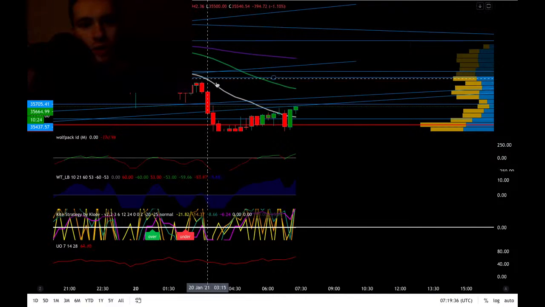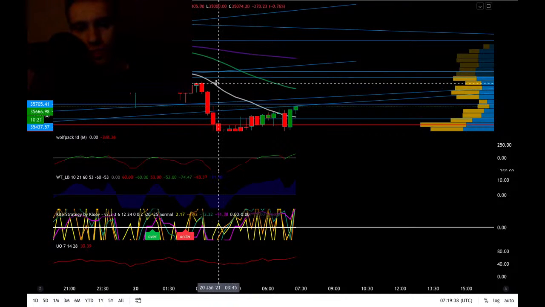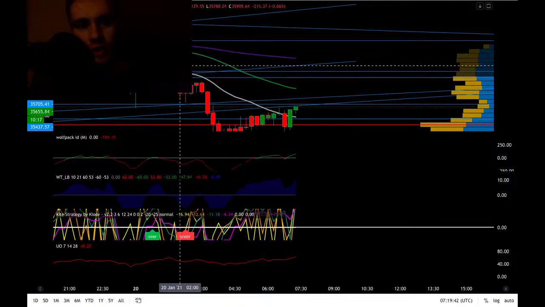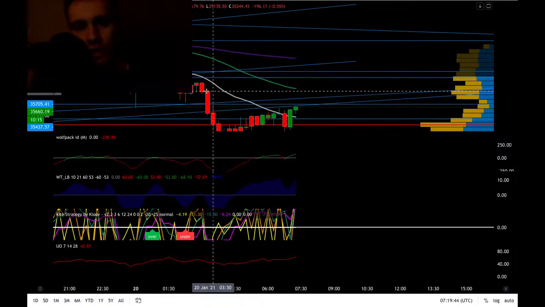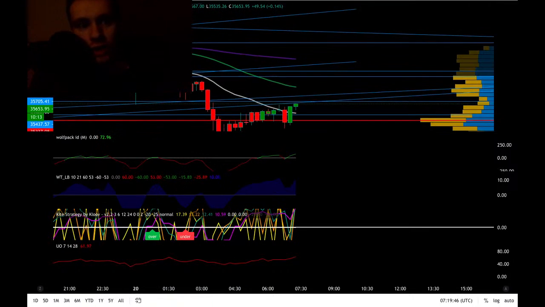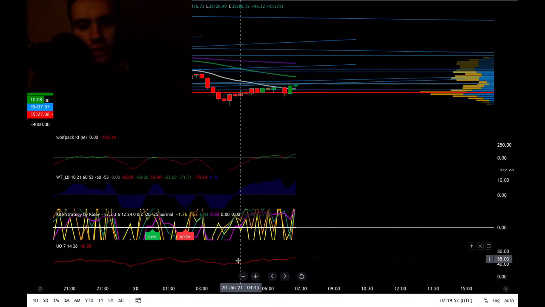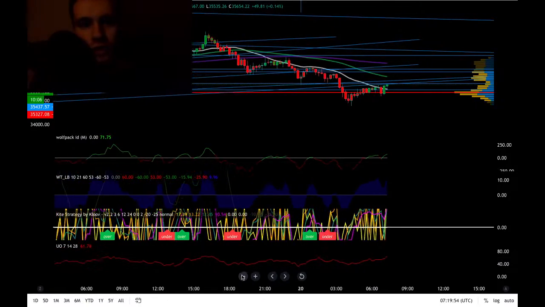So this is the 20, this is the 50, and this is the 100. Just remember, the lighter the color, the smaller the moving average number. That's how we do it on this channel.